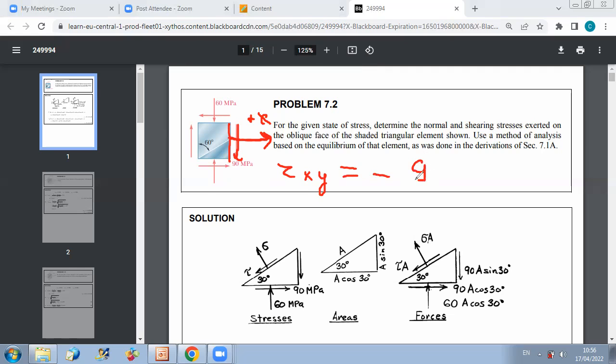Okay, it's minus 90. Here, no need to, because we will not use the formulas. If you want to use the formulas developed before, you should write that tau xy is minus 90. There is no sigma along x, so sigma x equals 0.